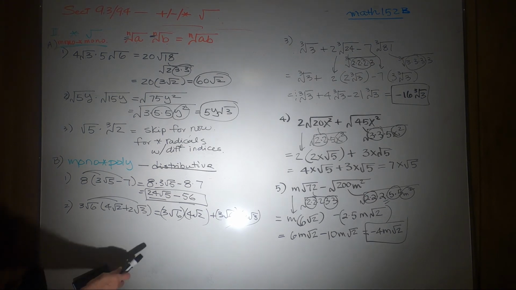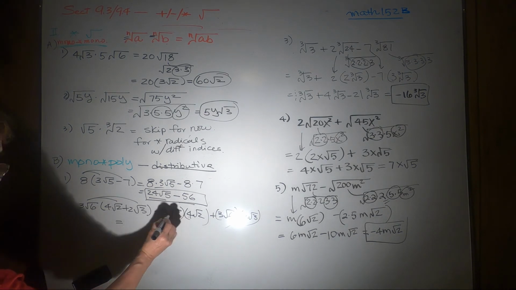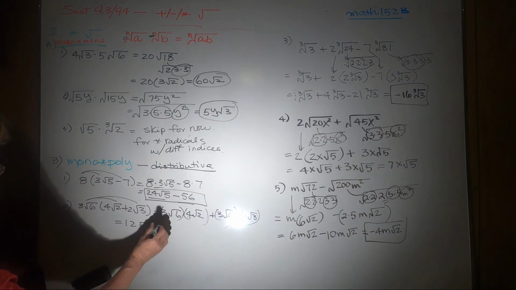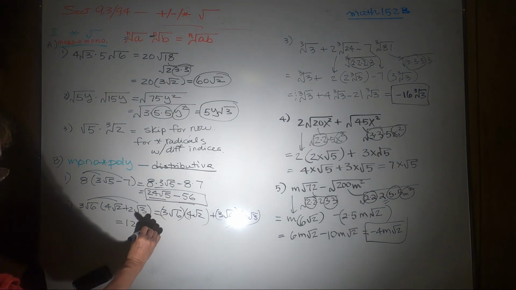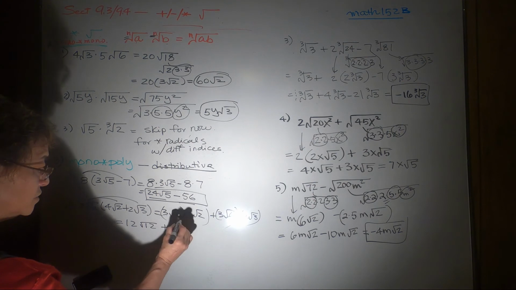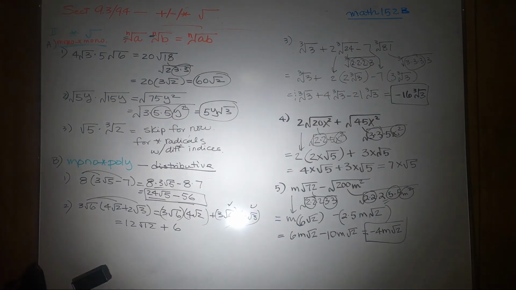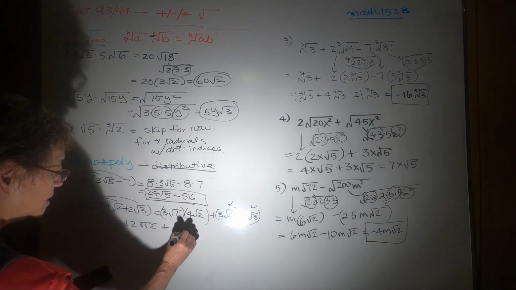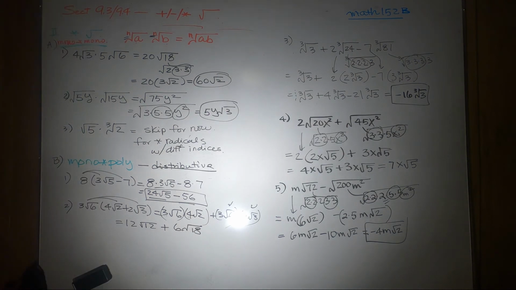So it becomes mono and mono. Then you can put it together. So 3 times 4, 12, then same thing as square roots, so you can put it together, 6 times 2, 12. And for the next one, 3 times 2 is 6 for the number, and square root of 6 times square root of 3, that would be the root of 18, right?